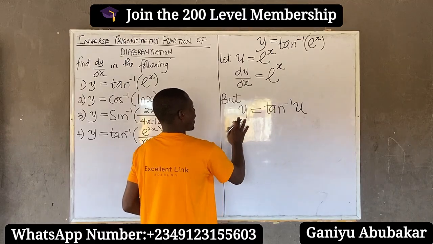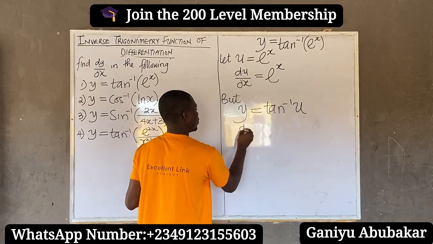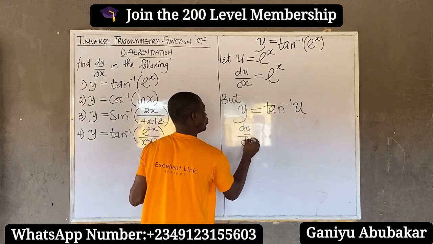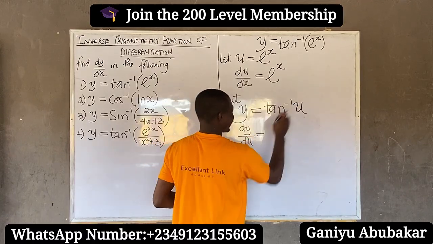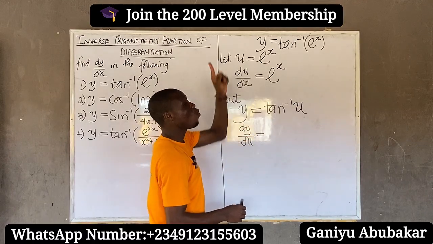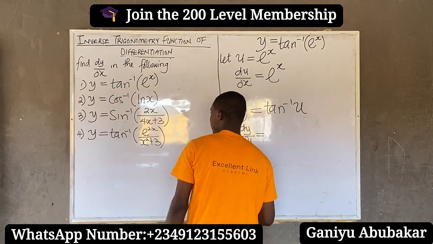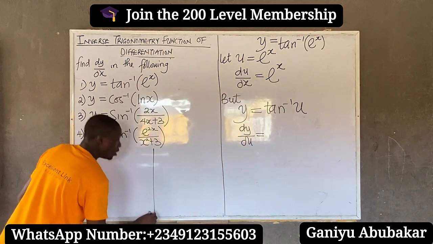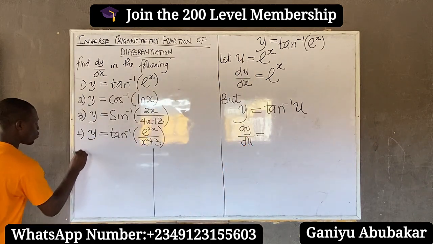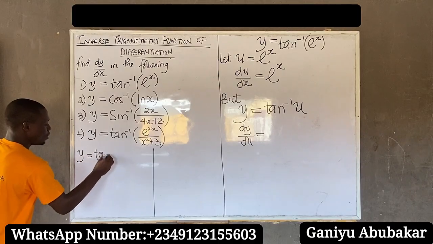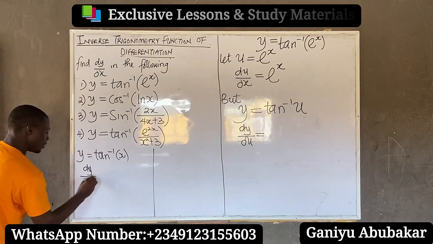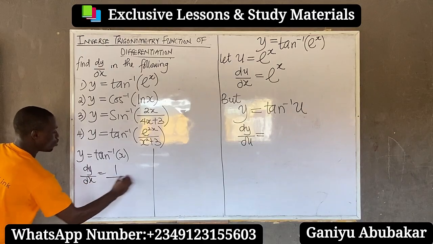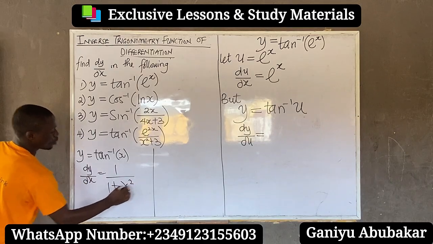Now, if I differentiate y with u, that gives you dy over du is equal to, if I differentiate tan inverse of x, if y equals tan inverse of x, don't forget I said dy dx in this case gives you 1 all over 1 plus x squared.